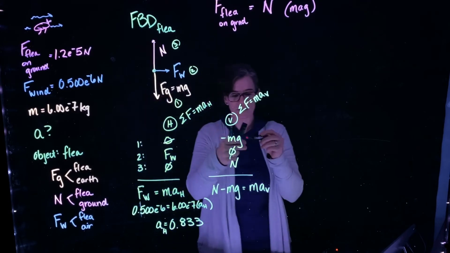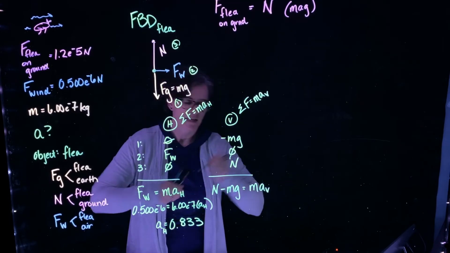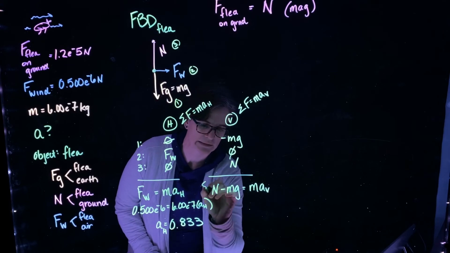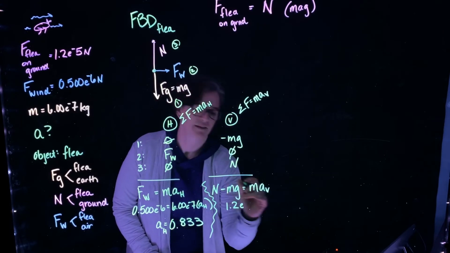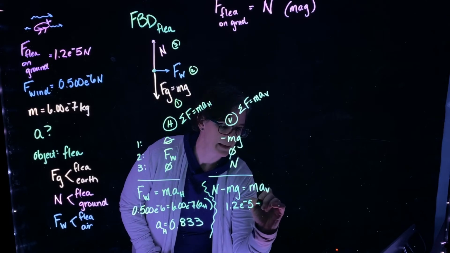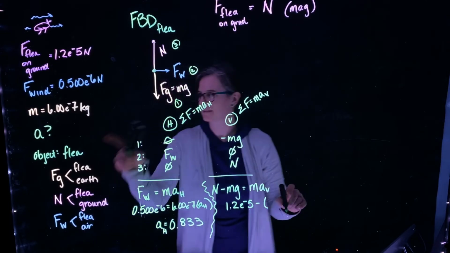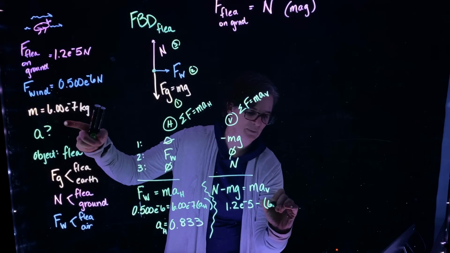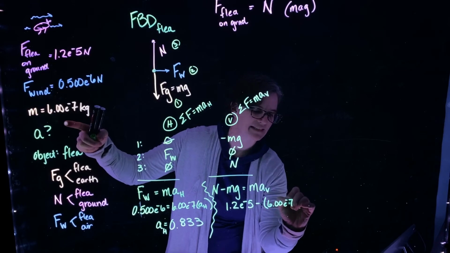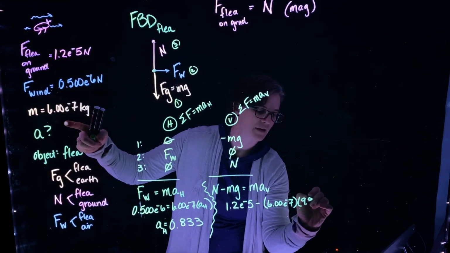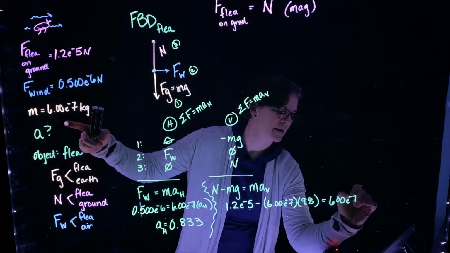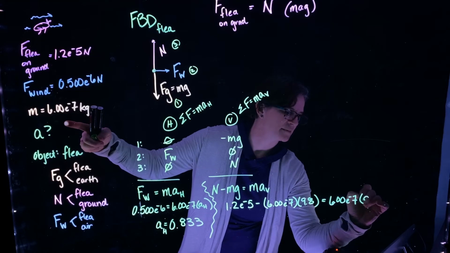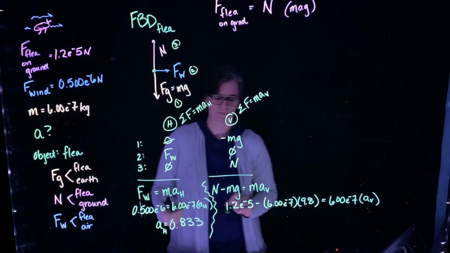So we actually have the normal force given to us. It's 1.2 times 10 to the minus 5th, minus the mass of 6.00 times 10 to the minus 7th times 9.8, is going to be 6.00 times 10 to the minus 7th times the vertical acceleration.